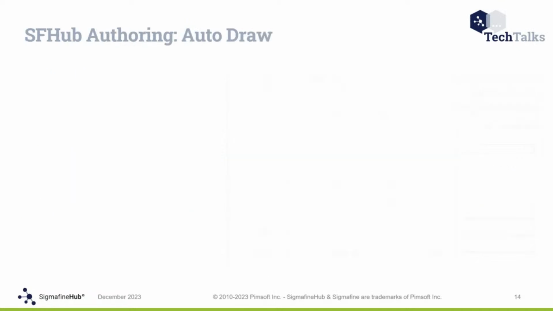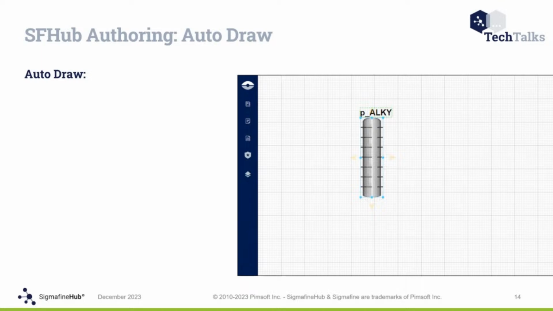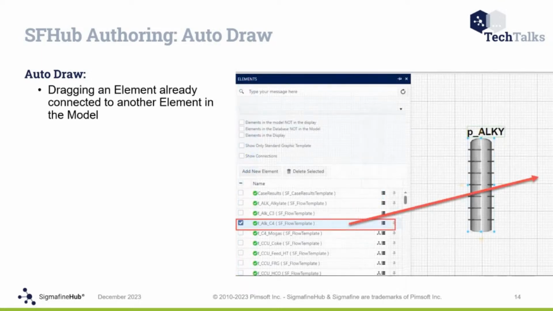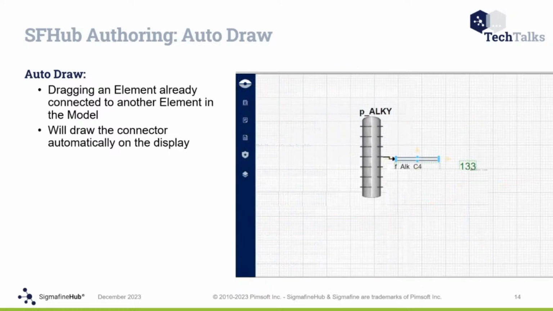As exposed before, just to highlight, the two main principles in building displays. The first is the auto draw principle. When you have an element existing on the display, and you're just dragging an element from the model, here from the element panel, which exposes all the elements that are already in the model, if you drag it onto the screen, it will automatically make the connection between all the elements that are on the screen.